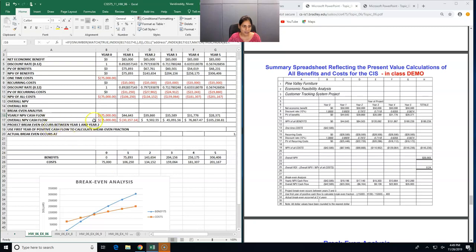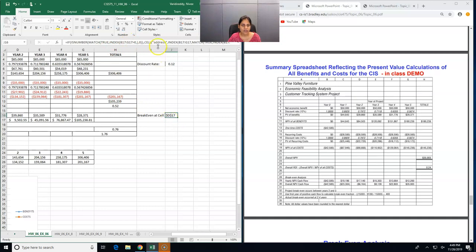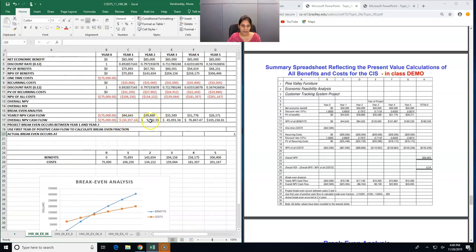I've written a formula using general Excel functions, using the IF statement, MATCH and ISNUMBER, to find the address of the cell at which the values change from negative to positive. Then, using that cell address, I've arrived with one more formula so that I can tell that project break-even occurs between year 1 and year 2. So I've just used this formula.